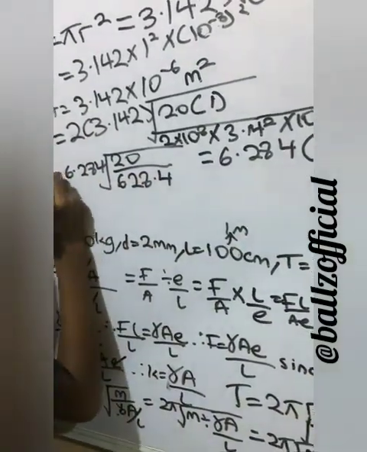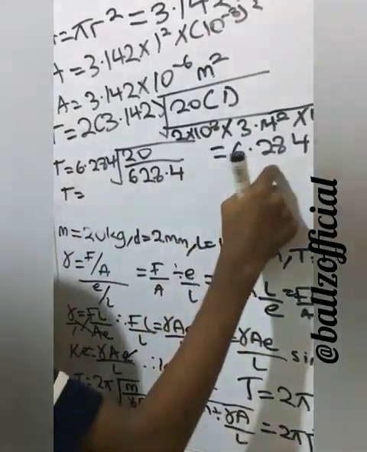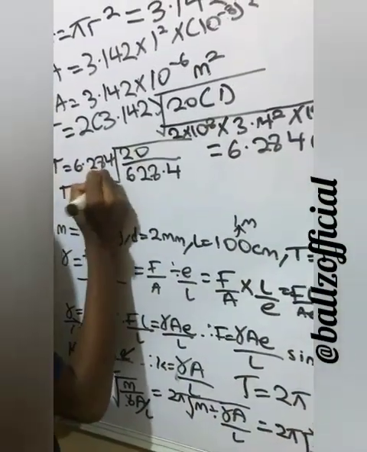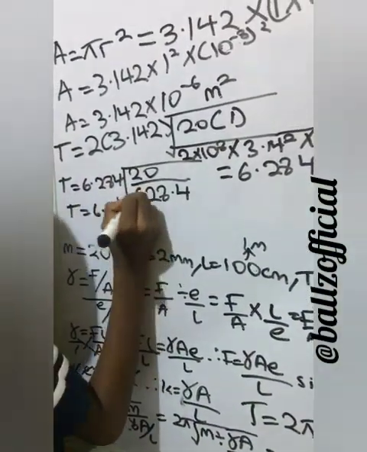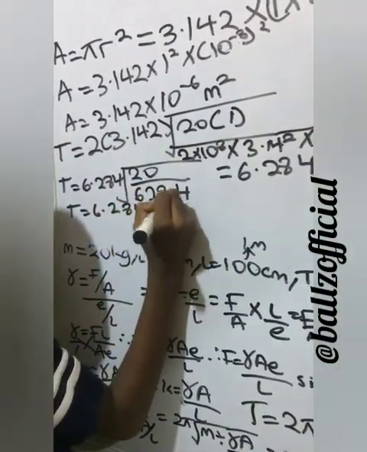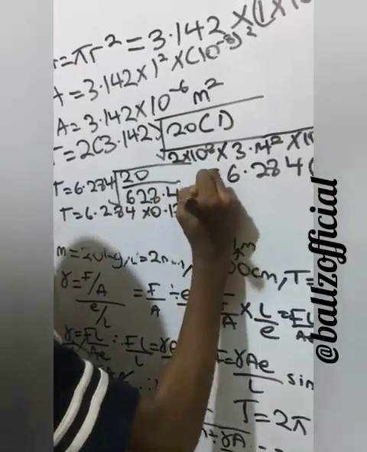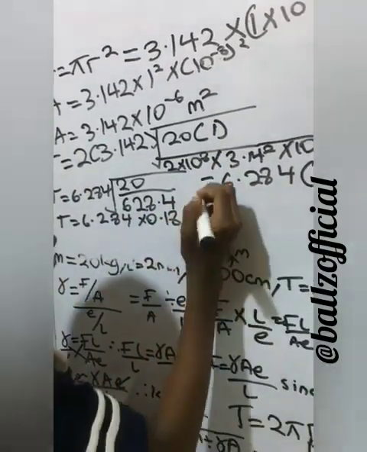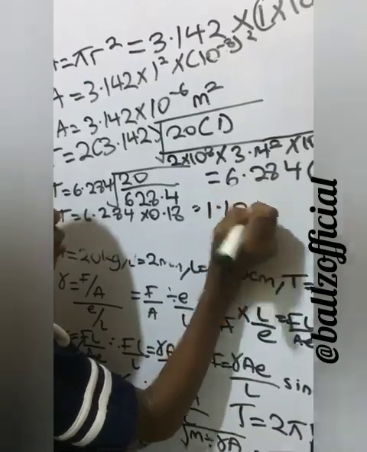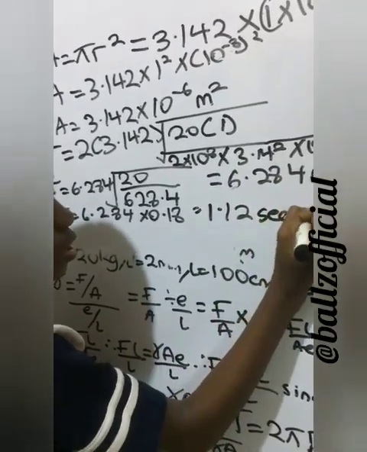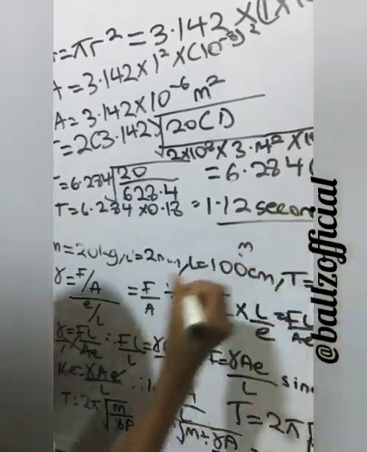That will be period 6.284 times 0.18, which will give you 1.12 seconds. 1.12 seconds. That's our period.